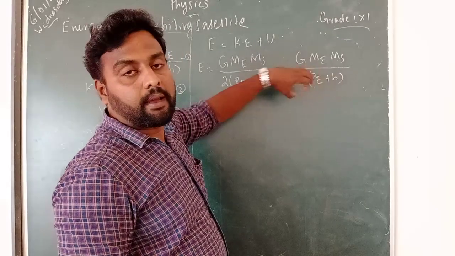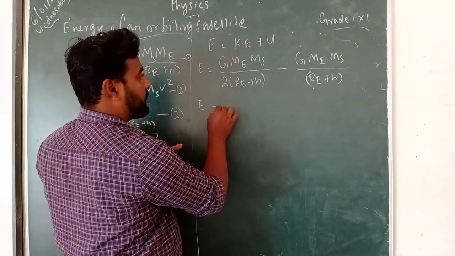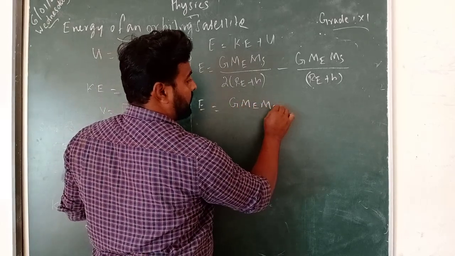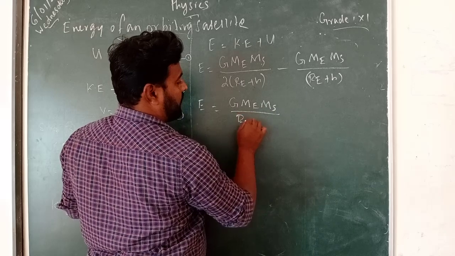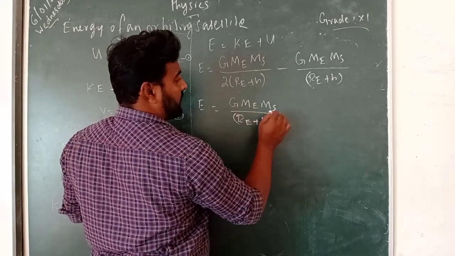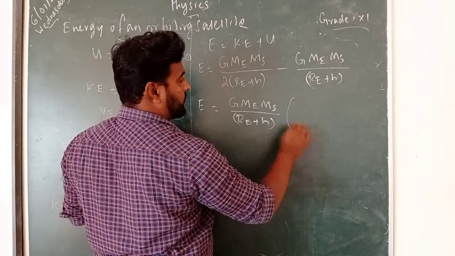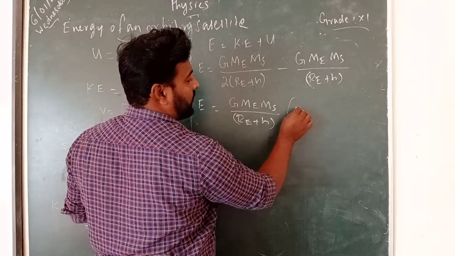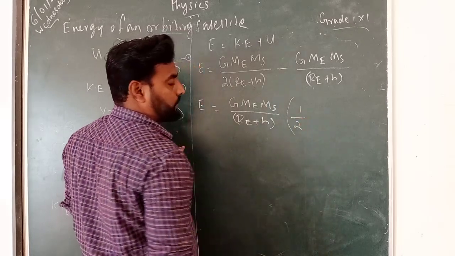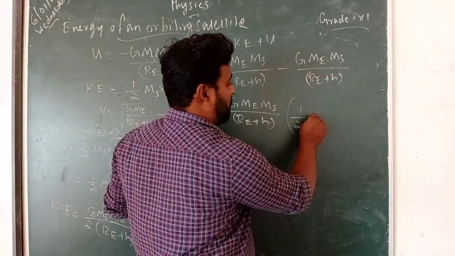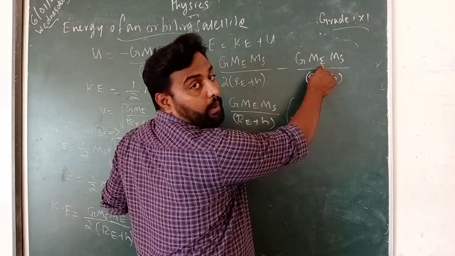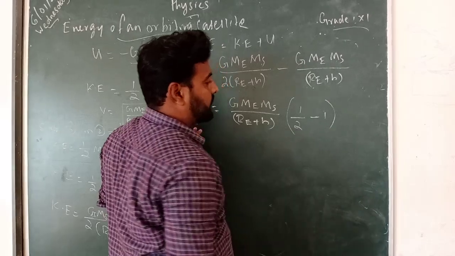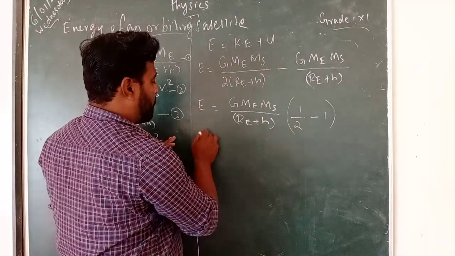So take this term outside. E is equal to G ME MS by RE plus H. Inside the bracket, only 1 by 2 remains from the first term, minus 1 remains from the second term. So 1 by 2 minus 1.